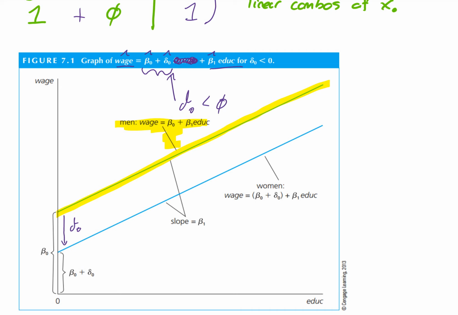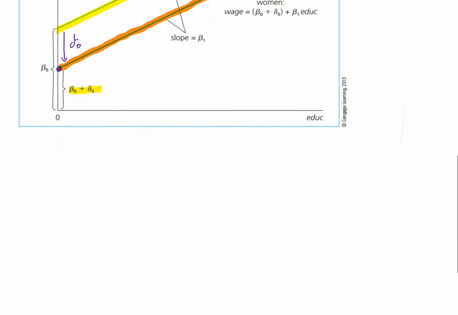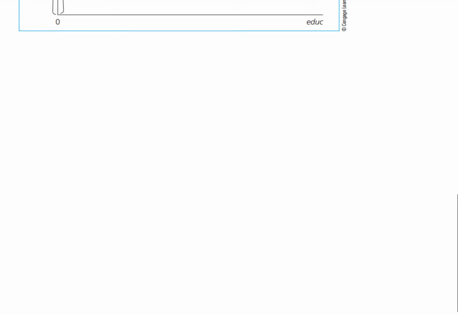So this combination of beta 0 and delta 0 gives us a new intercept right here. This new line represents the relationship between education and wages for women. All right, so that's the basics on dummy variables.